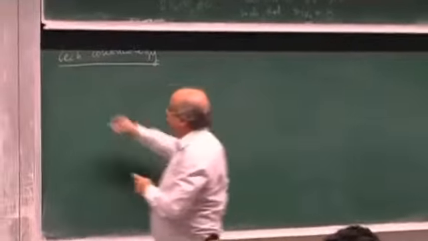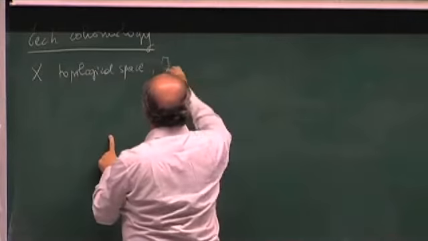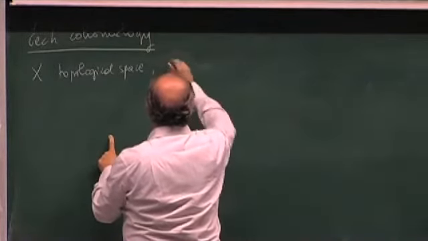So we have a topological space. The idea is that we have a topological space and a sheaf on it. Well, actually, to start with, maybe a pre-sheaf.